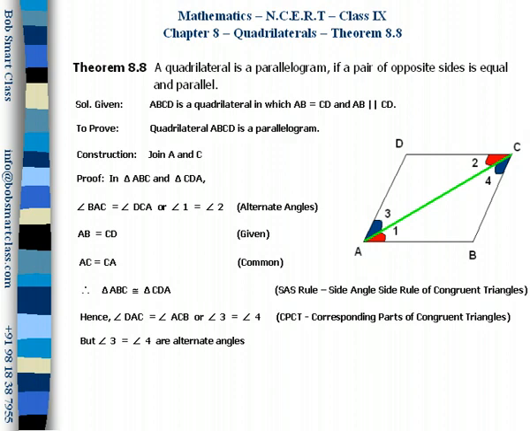Therefore, we can say AD is parallel to BC. We also have AB parallel to CD, as given in this theorem. Now, seeing that both pairs of opposite sides are parallel, this quadrilateral is a parallelogram. Therefore, this theorem is proved.